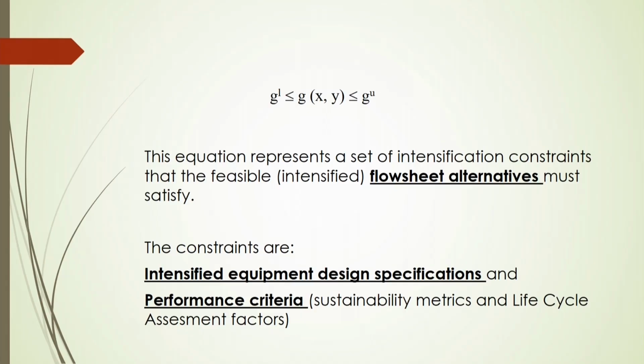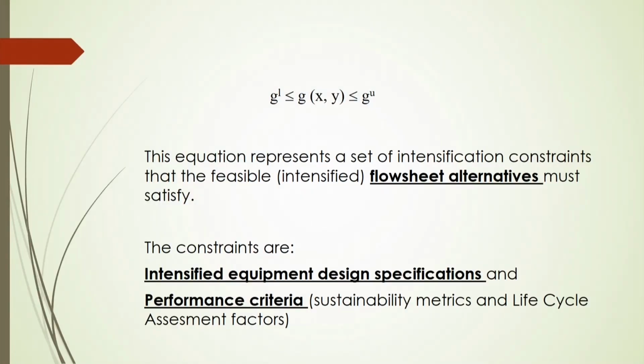The constraints are intensified equipment design specifications and performance criteria, which will be sustainability metrics and life cycle assessment factors. So, these constraints are to be considered for your optimization process for your sustainable design.